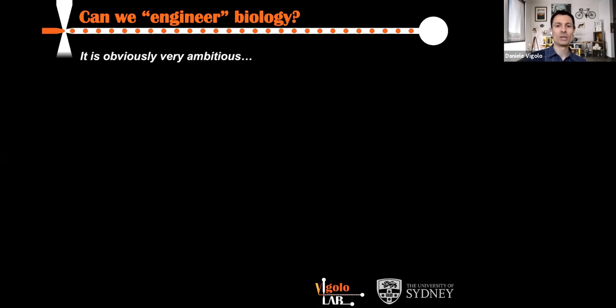The idea is really to apply an engineering approach to biology and see if, by looking at biology and health from a very different perspective, an engineering perspective, that can help. Obviously my background is not technically in biology or medical science, so for me it's very ambitious to try to do something like that.